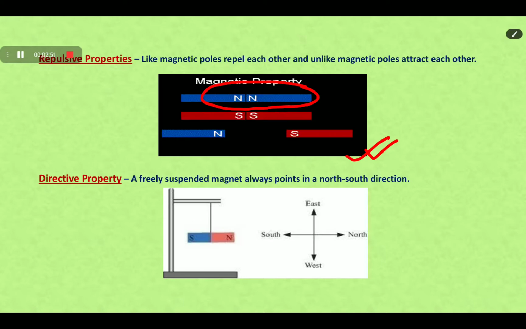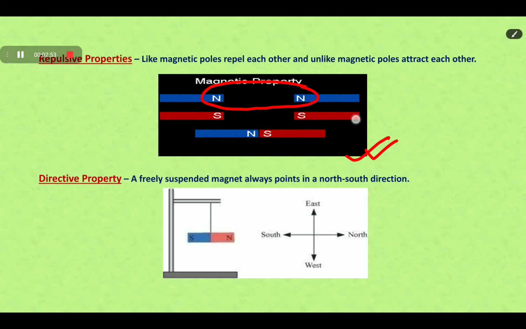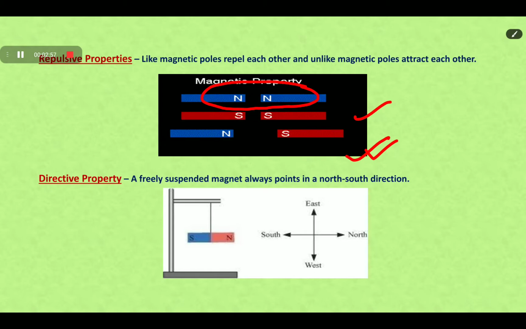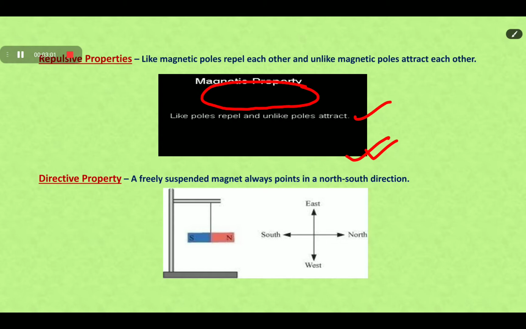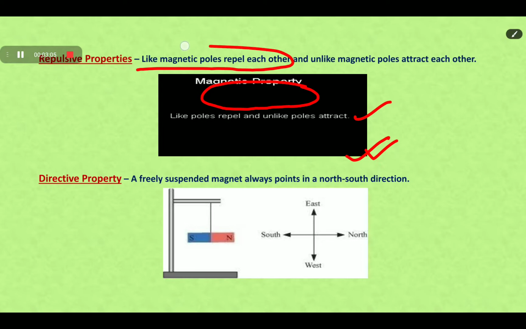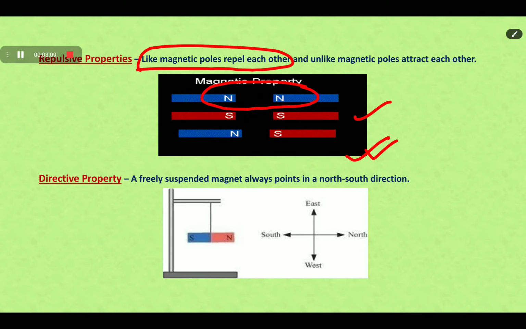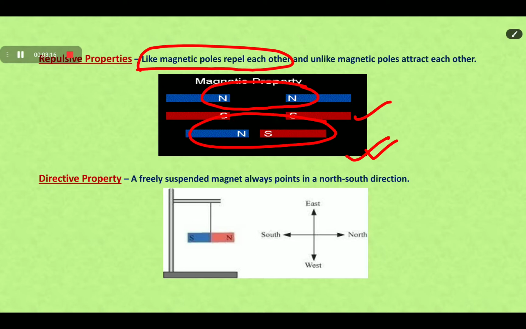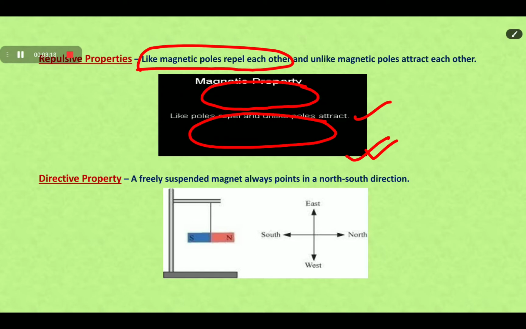Similarly, when the south pole of one magnet is brought closer to the south pole of another magnet, they also repel each other. So, we can say that like magnetic poles repel each other. Now, third, unlike poles, meaning the north pole and the south pole, attract each other. So, these are the three terms related to the repulsive property.